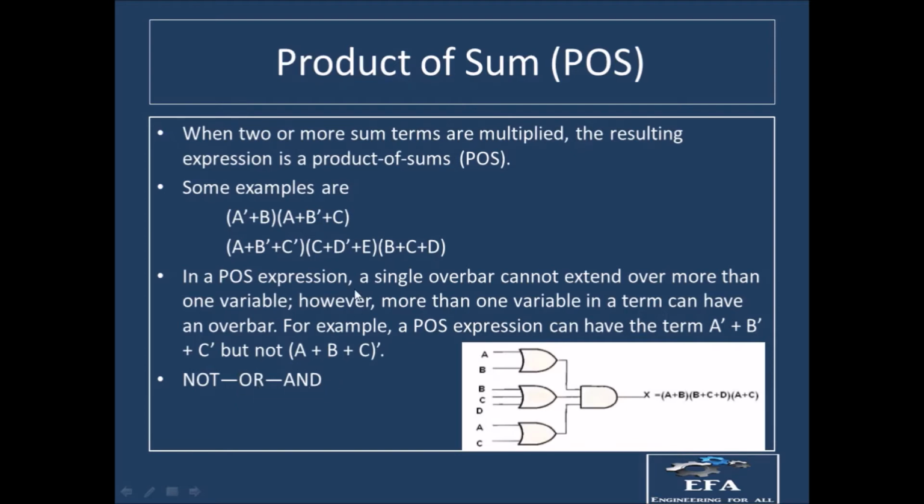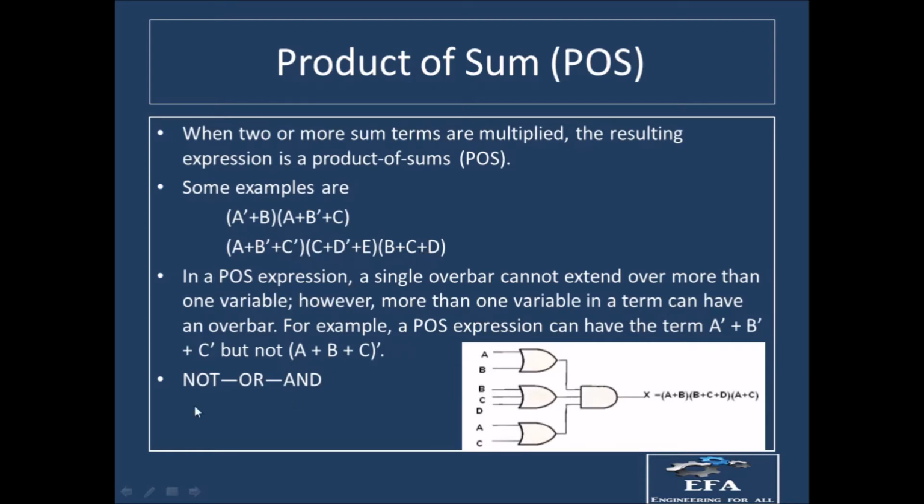First of all we need to convert B, C and D into their complement, so we have to implement the NOT gates. When we are having the outputs from them, they are ORed with the A, then B bar and C bar. Then for the second term we need to have C plus D bar plus E, and so on for this one also.